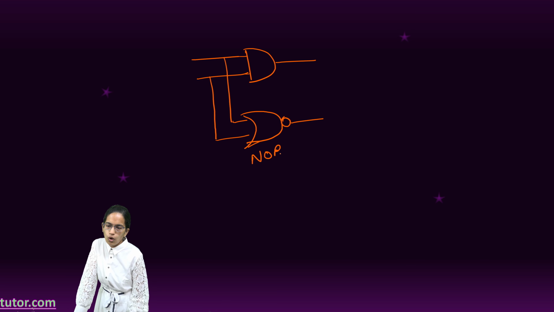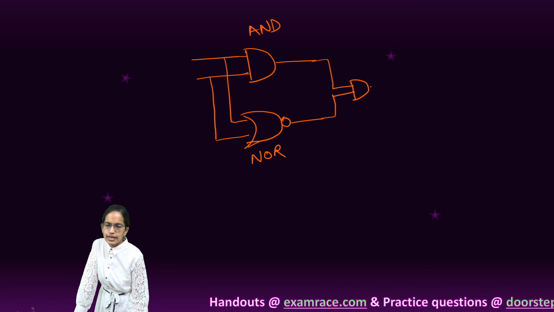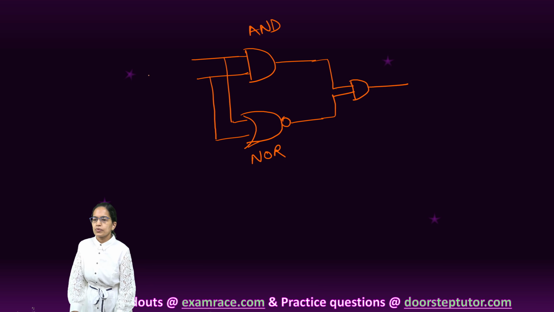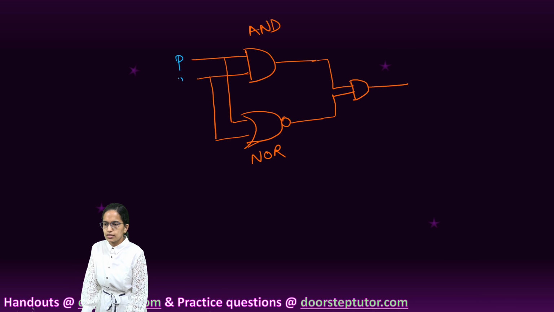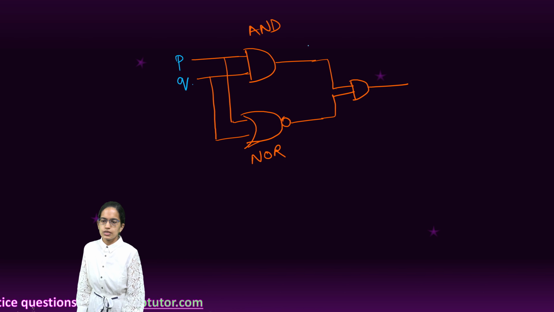So this is NOR and this is AND, and then the outputs of these two would pass to another AND gate, and what would be the result? So this is P, this is Q. Now P and Q, first of all, in the first case the output would be P and Q. So this is my output.